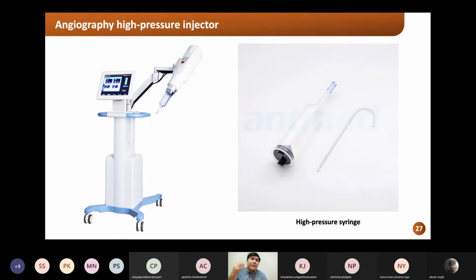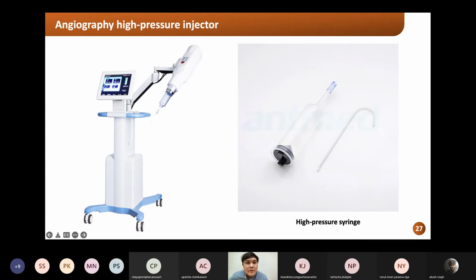in the laboratory class. The angiography high pressure injector is used for LV angiogram, aorta angiogram, CT brain, or some kind of that. In the cath lab, the main use of this injector is to assess LV, left ventricle function.